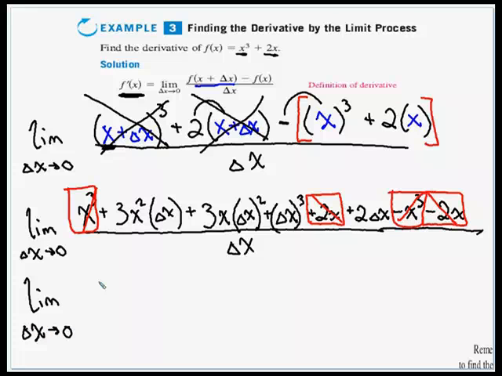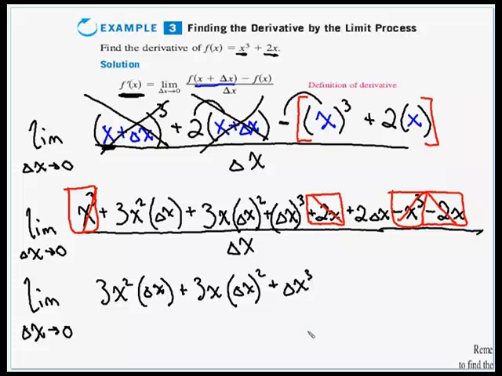In the numerator, now we have a 3x squared times delta x plus 3x times delta x squared plus delta x to the third plus 2 delta x, and it's all over delta x.